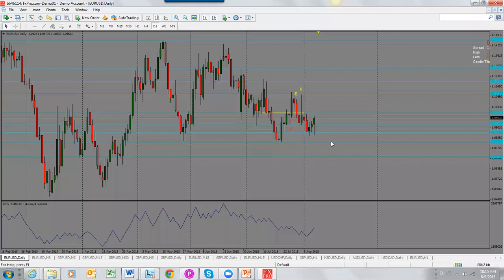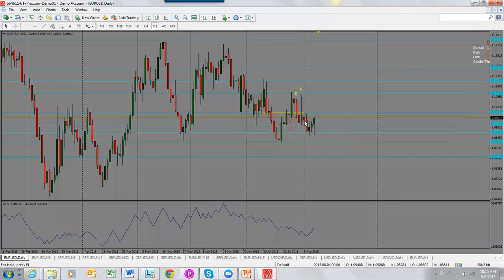I'm just looking for where the price is reacting, and I look for those levels that the price has reacted at multiple times. In this chart, this is our Euro US dollar daily chart. So let's take a look at very recent price action.